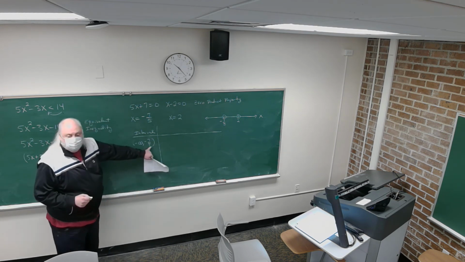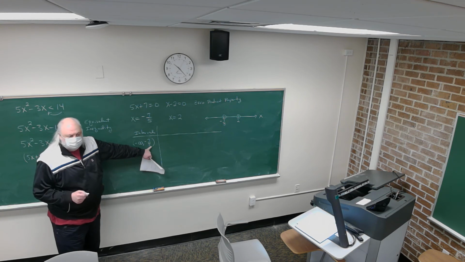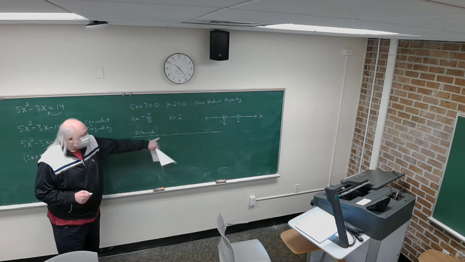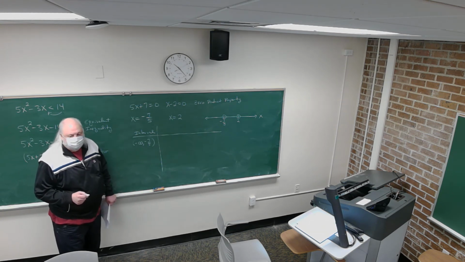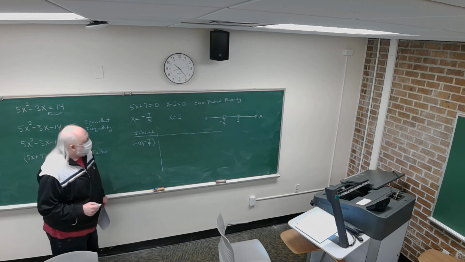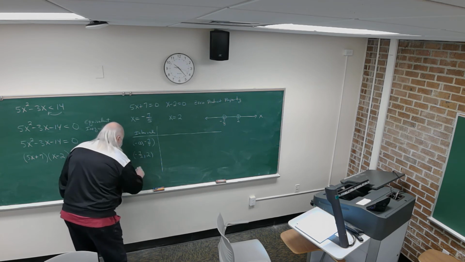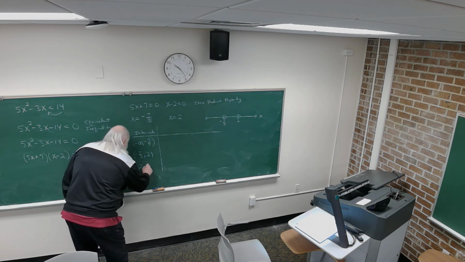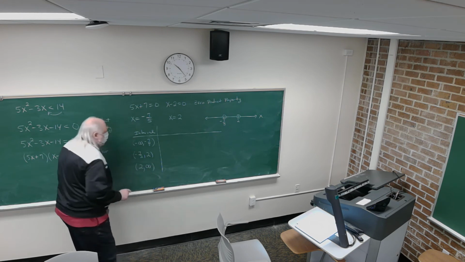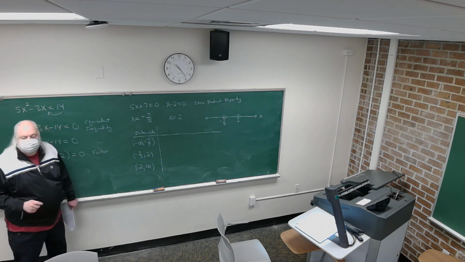And these are always open intervals, never closed. There's never a bracket, because we already know the answer for minus 7/5 and 2. The second interval goes from minus 7/5 to plus 2. And the third interval goes from 2 to plus infinity, because there's no maximum number.